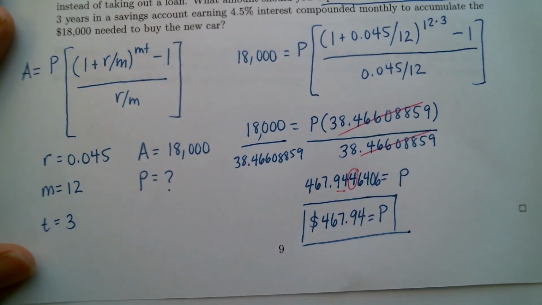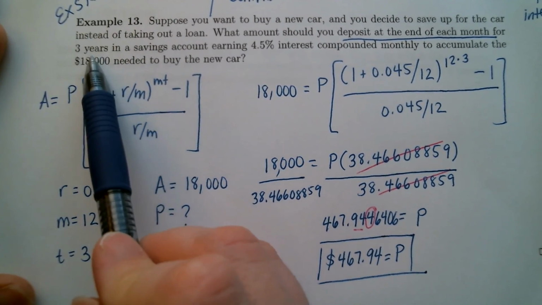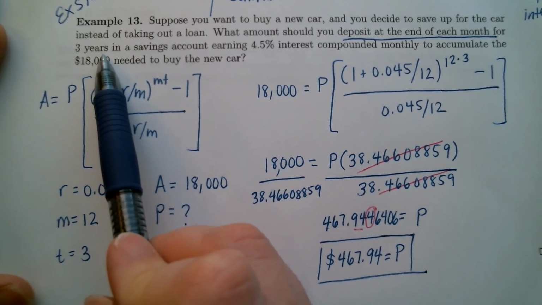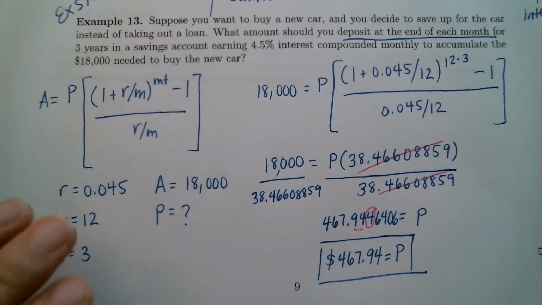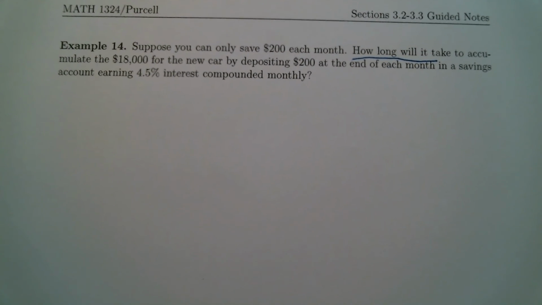Now we can only afford $200 a month. Since we're saving less each month, it's going to take us longer than 3 years. So make sure once you solve this problem, you get an answer that's bigger than 3 years. Otherwise, it's not going to make sense.